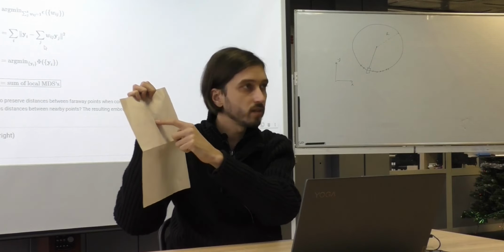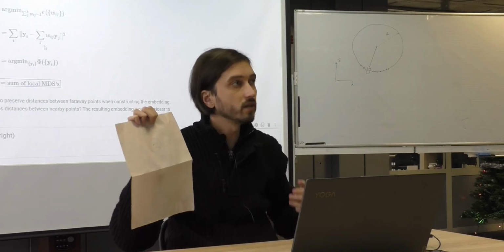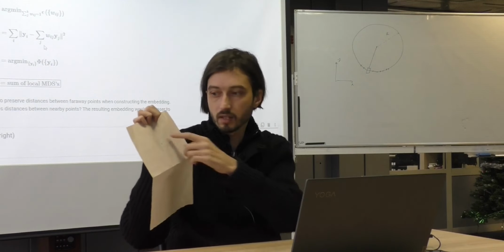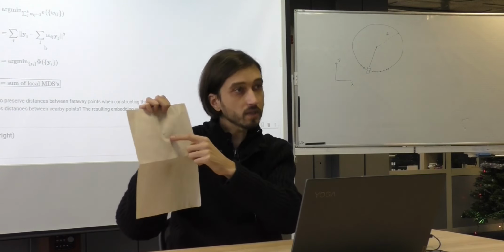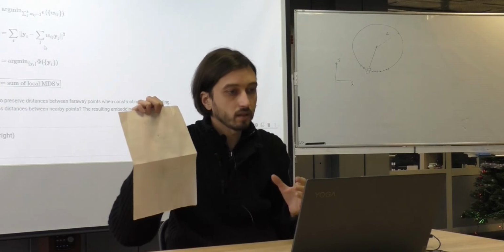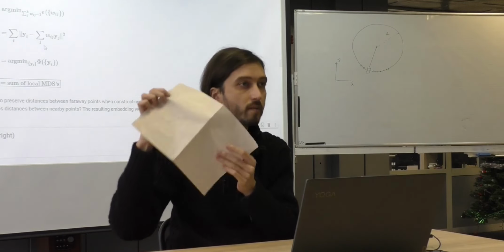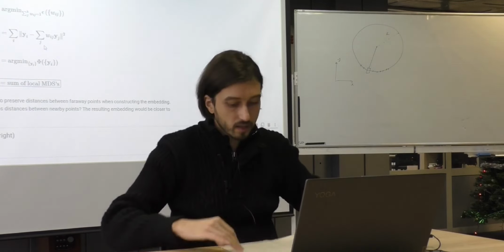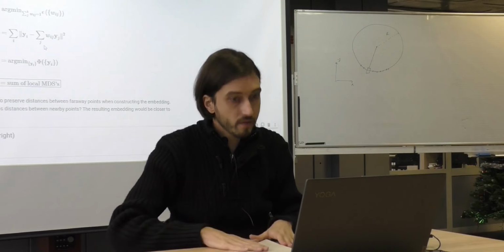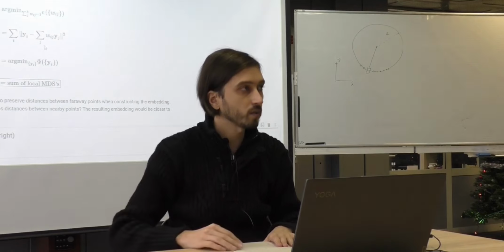I'm describing this point in terms of its neighbors, in terms of some linear coefficients that give me this point. And I'm saying if this thing looks like some linear patch, and it should look like it because we are working with a manifold, if I put that into the plane, I should have there the same patch as I had in my high dimensional space.